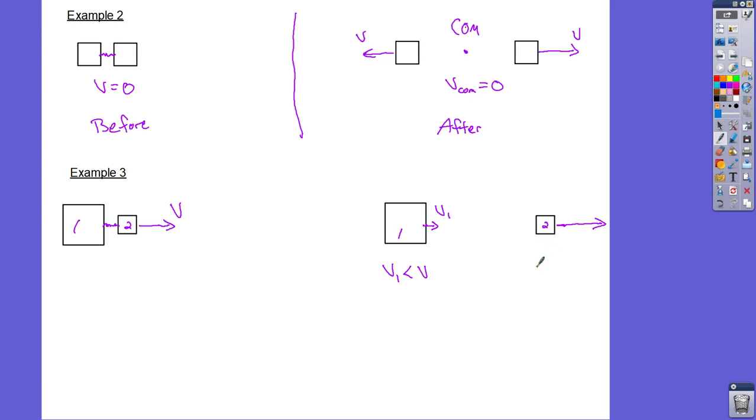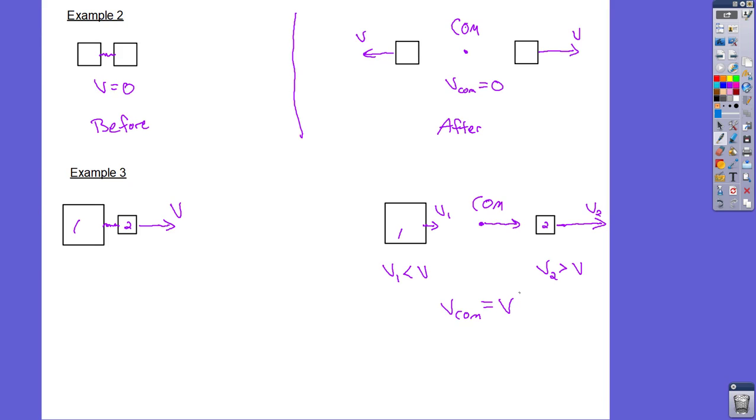So v2 would be greater than v. But the center of mass would still have a velocity v. So the velocity of the center of mass would equal v.